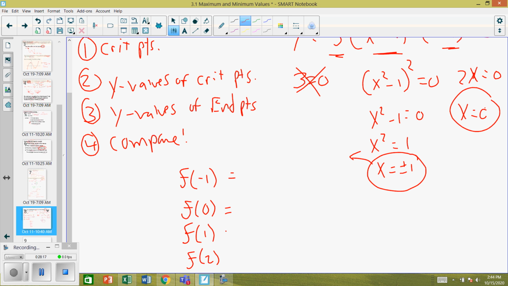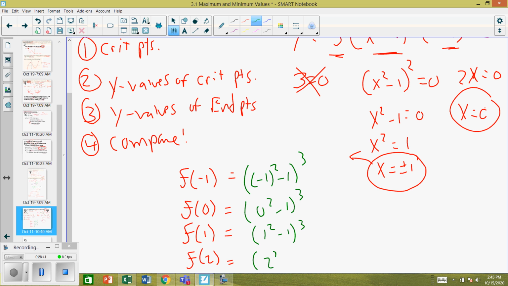So I'm considering the endpoints and the critical points. And how we get this is we just plug these back into the original equation. So this is going to be, instead of x squared minus 1, -1 squared minus 1 to the 3rd power, and 0 squared minus 1 to the 3rd, 1 squared minus 1 to the 3rd, and 2 squared minus 1 to the 3rd. This equals 0. This equals -1.